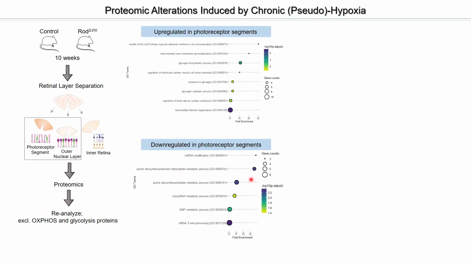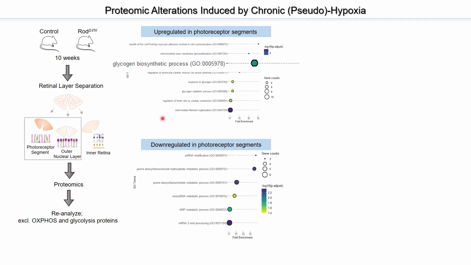And since it was mostly hypothesis testing and trying to figure out which possible pathways could be involved, for now, the gene counts aren't too convincing, but we just disregard them for now, since we were just trying to see in which direction we should work. So what we saw were proteins that were upregulated in photoreceptor segments was mostly glycogen biosynthesis.